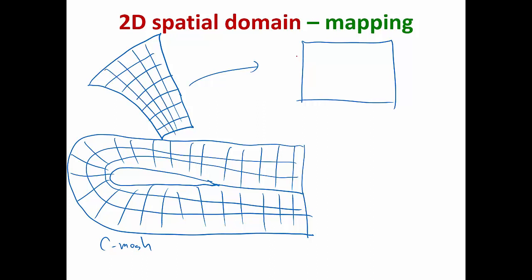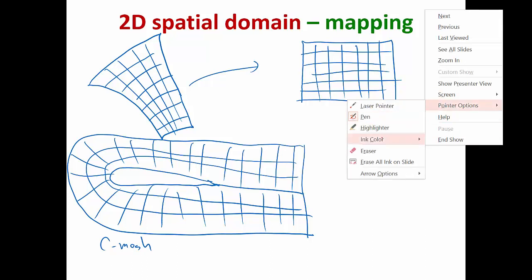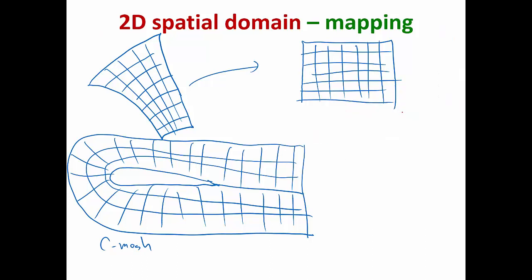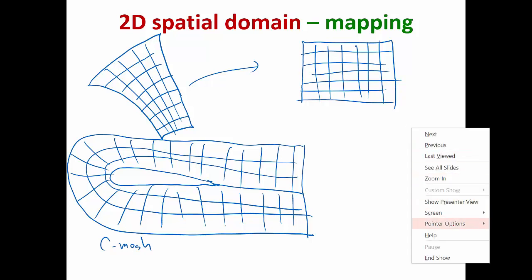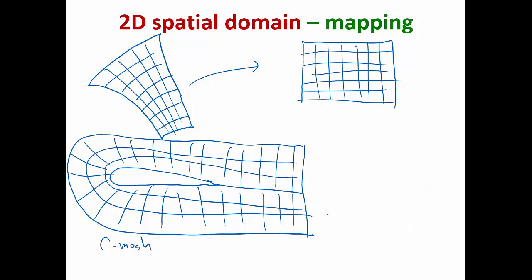All right. So once we have a mapping, let's talk about how to solve differential equations on this weird domain. Let's call this domain the physical domain, and this domain the computational domain.